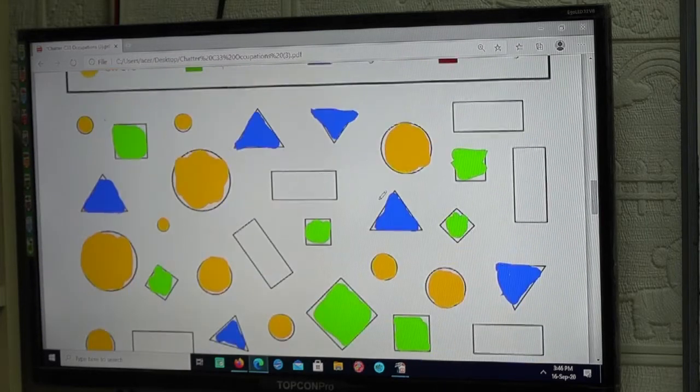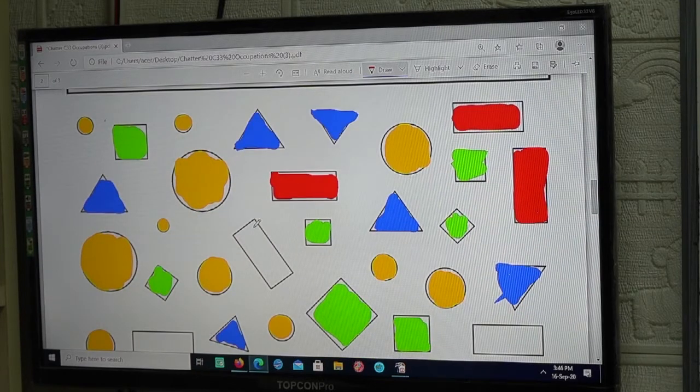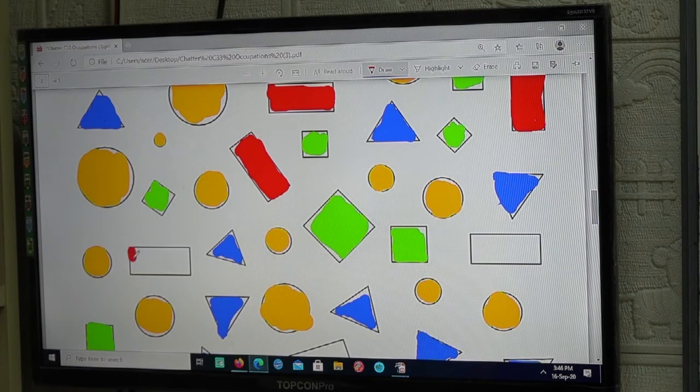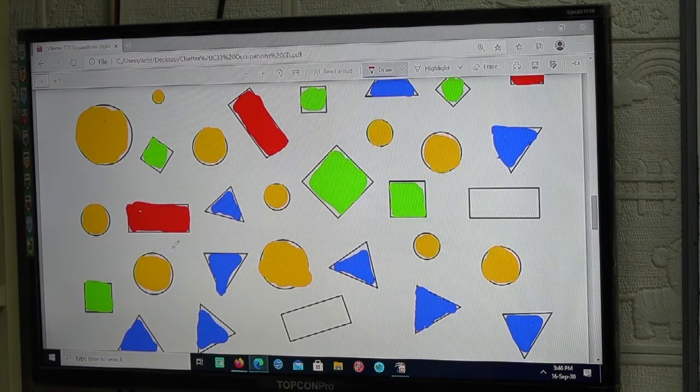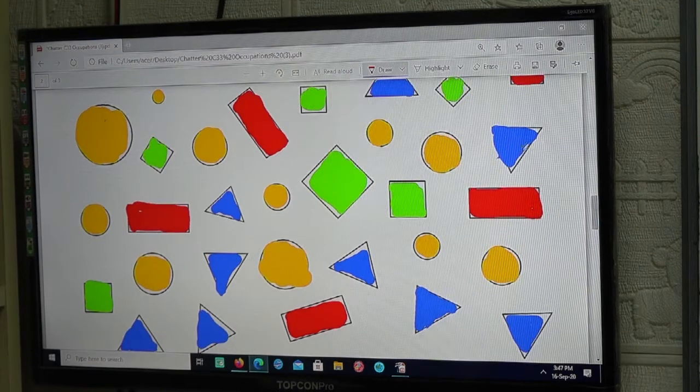The rest of the shapes are rectangles, so just color all of them red.